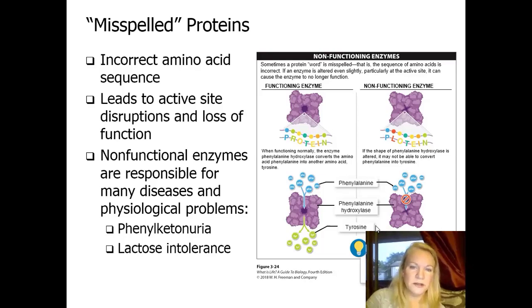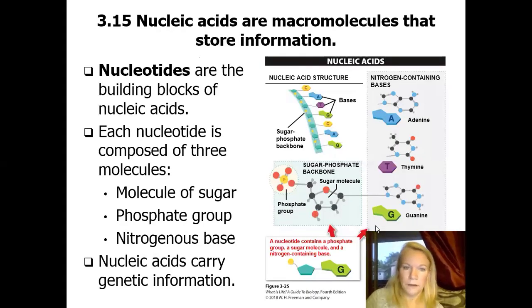So incorrect amino acid sequence. If the protein is built wrong with the wrong amino acids, that can actually lead to disease because the protein isn't going to fold correctly and it's not going to function correctly. Prions, like mad cow disease, if you're interested, look into that.